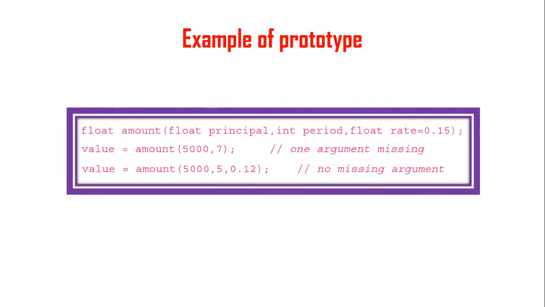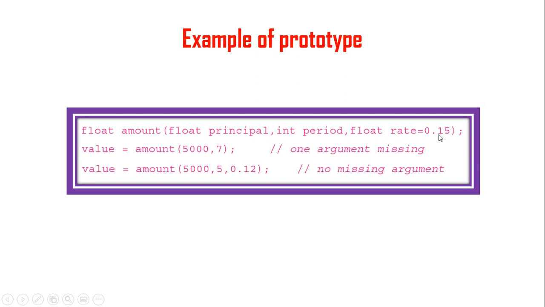Now, the prototype, you can see here. The function has a declaration like this, and its prototype. Amount is the function name, and the arguments are float principal, int period, and float rate of interest.